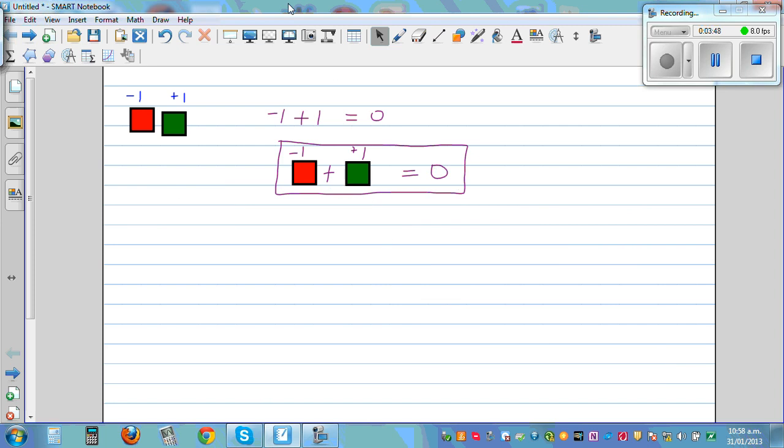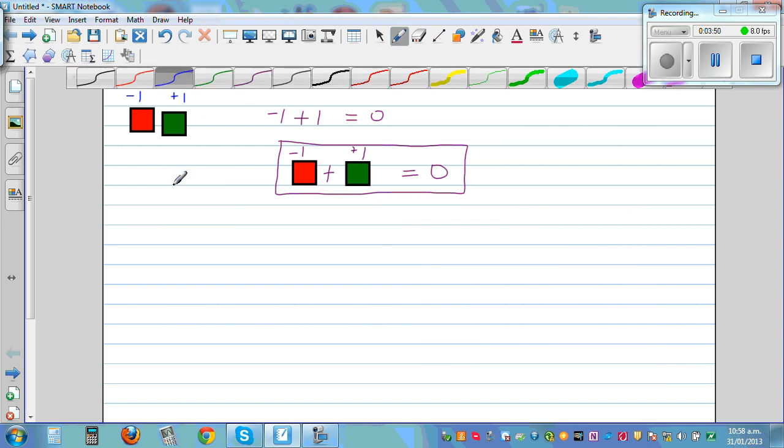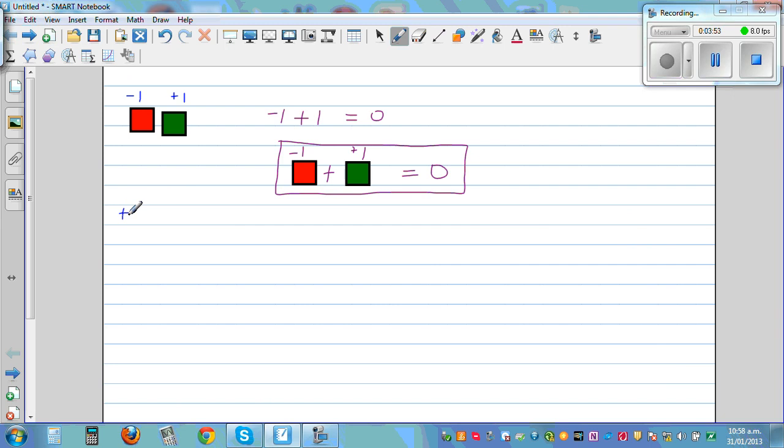The next question is, what is +2 plus -5? +2 means you're selecting 2 green tiles. This is +2, and you want to add -5, so you have to have 5 red tiles: 1, 2, 3, 4, 5.